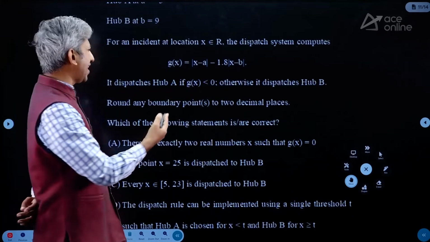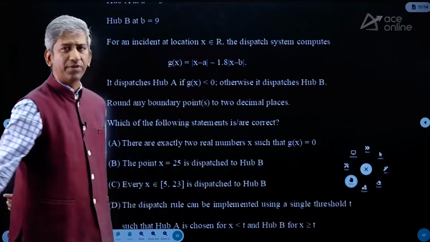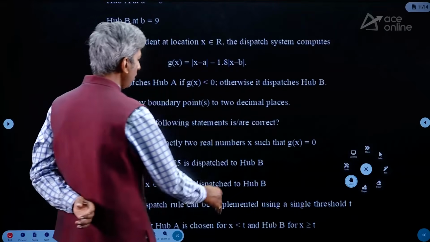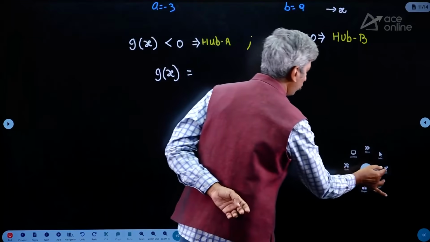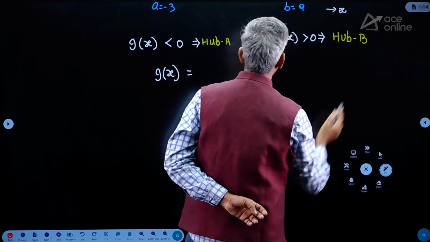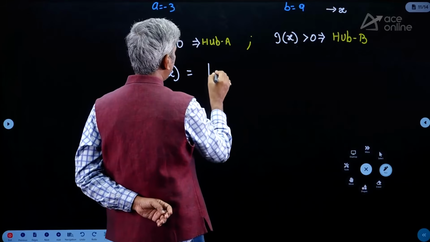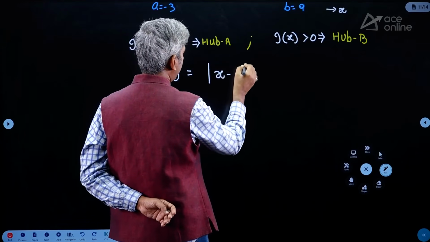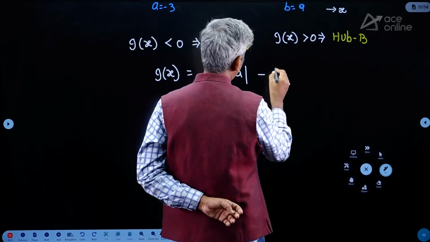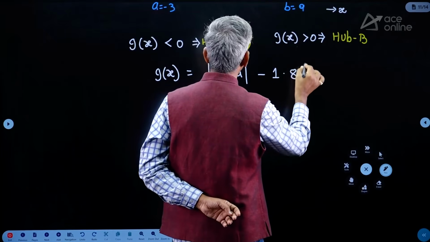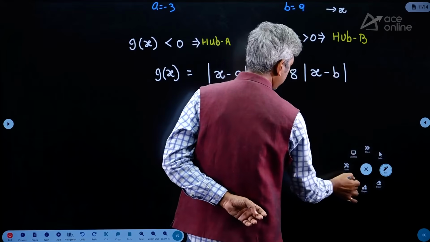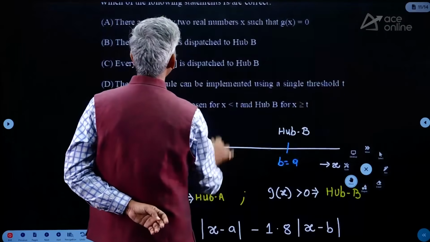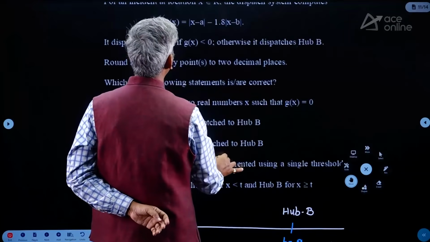That means this has to be considered as some optimized model. Okay, so this is some distance based optimized model, and so that is giving absolute value of x minus a minus 1.8 times absolute value of x minus b. This is your g of x.